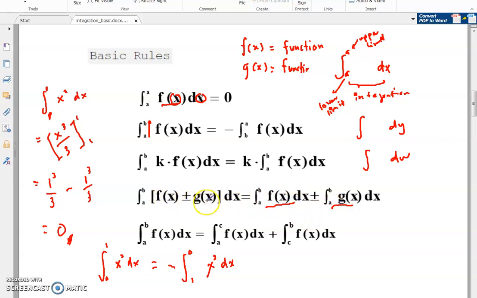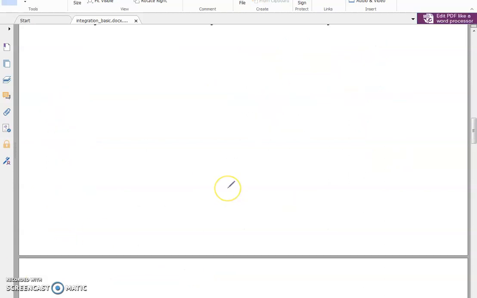You have f(x) and g(x), you just need to split into two. Okay, I will explain this later by using an example after this. Let us continue with another basic technique of integrals.